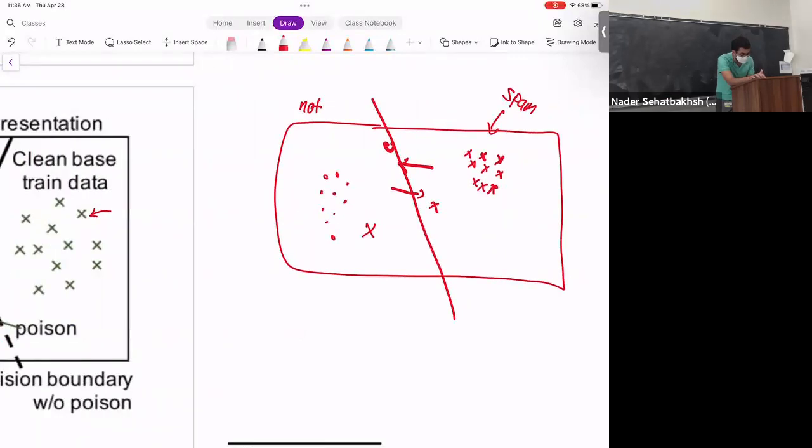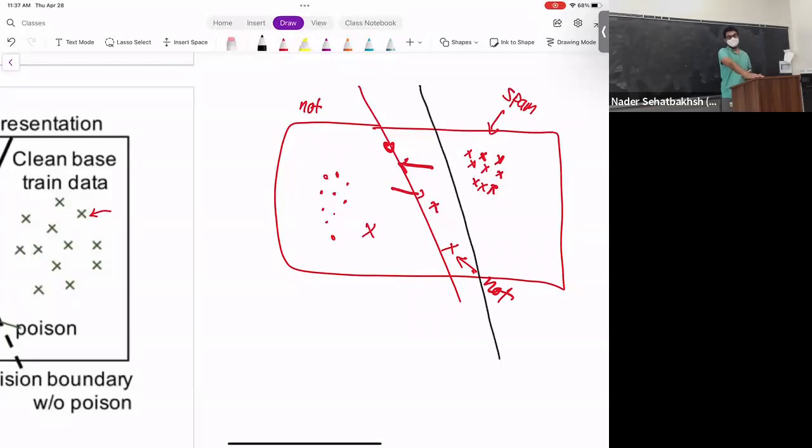So I'm going to put something here. Actually, I have to put it here. So I have this decision boundary. I'm going to put something here that is indeed spam, but I'm going to label it not spam. In order to adjust for this, I need to change my decision boundary to this, right?